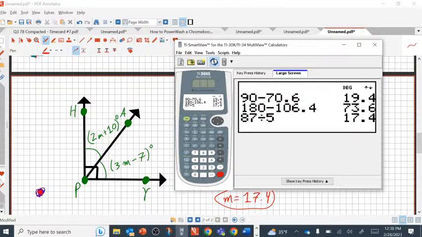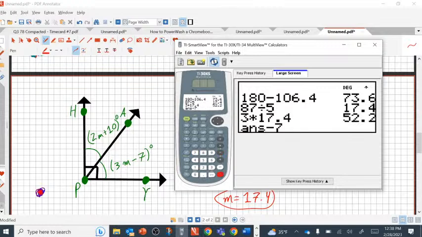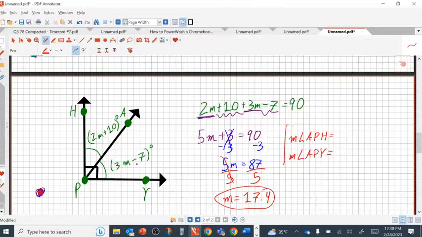That says 3m minus 7. Well, 3 times 17.4 is 52.2, and if I take 7 away from that, I get 45.2, which means that the measure of angle APY was 45.2 degrees.